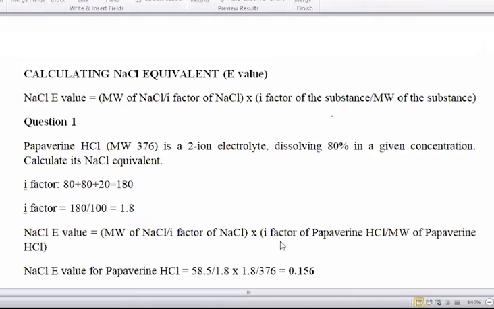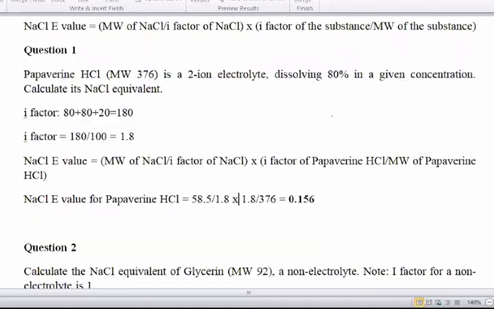Remember, we require the E value in step 1 as we calculate the required quantity of sodium chloride in that preparation. So in step 1, this is very, very much useful. And in step 4, if it's a non-electrolyte.